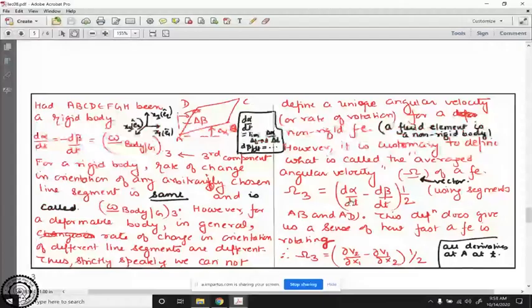So in the limit of the body being rigid, the omega 3, the way I have defined it, indeed represents the rate of rotation of the body. So in that way, it gives us a sense. The limiting behavior of this expression takes us to what we call the angular velocity of the rigid body.